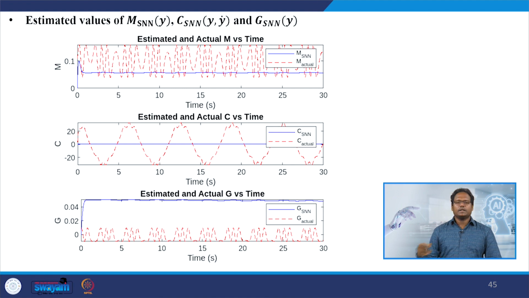Then the estimated values of the ideal network parameters, which are nothing but the dynamic model parameters, namely the mass or inertia matrix M, the Coriolis and centrifugal matrix C, and the gravity vector, are shown here, with the blue line being the ideal value and the red line being the estimated values from the network.